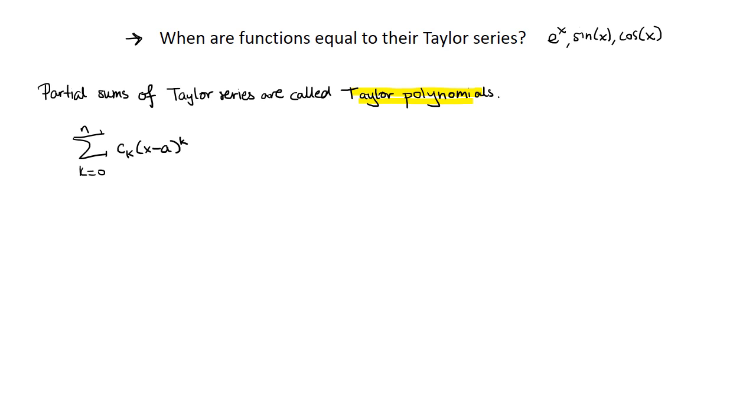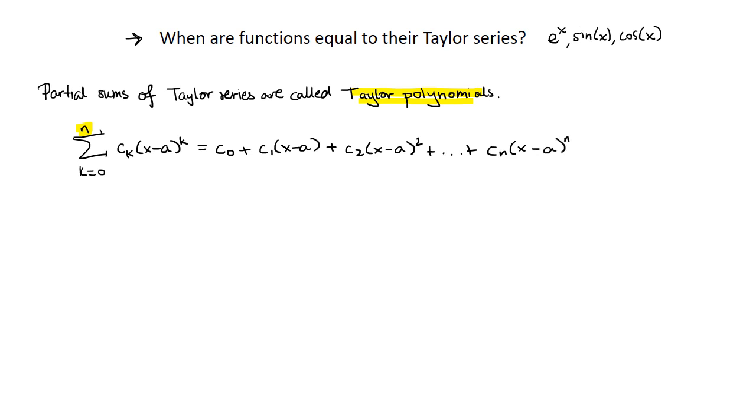Okay, so when we cut off at this finite index n, we are left with just a polynomial. So it looks like c_0 plus c_1 times (x minus a) plus c_2 times (x minus a) squared, and so on until we get to c_n (x minus a)^n.